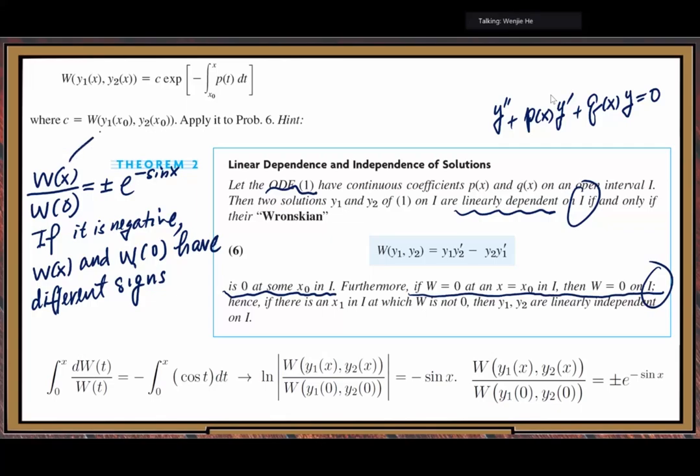Do you agree this W of x function is a continuous function? No problem, right? Continuous, because it's differentiable. Differentiable must be continuous, right? That's stronger than continuous. Here we only need to use its continuity property.